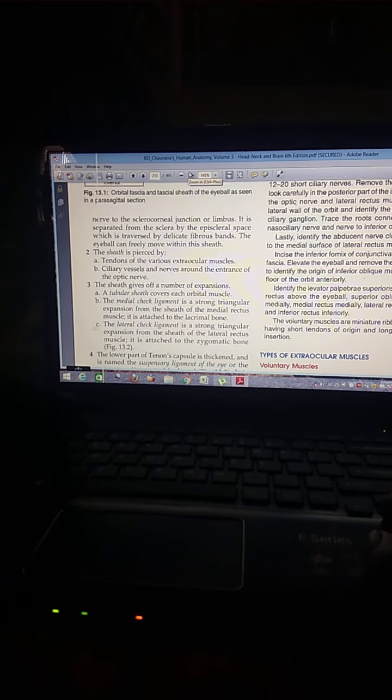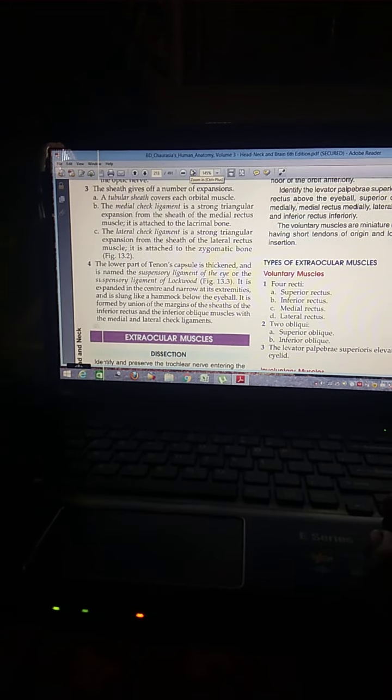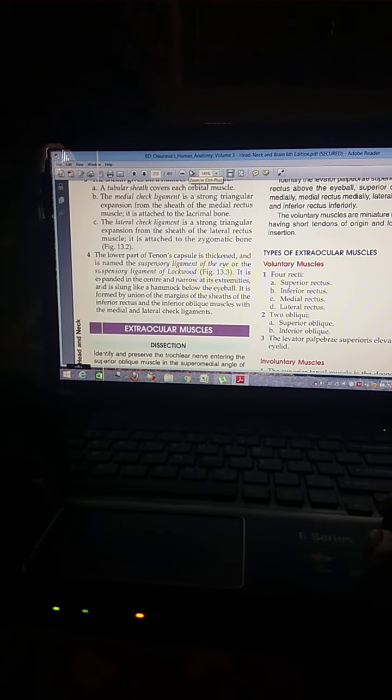The sheath gives off a number of extensions: tubular sheaths, the medial check ligament, and the lateral check ligament. The lower part of Tenon's capsule thickens. The name is suspensory ligament of the eye, the suspensory ligament of Lockwood.